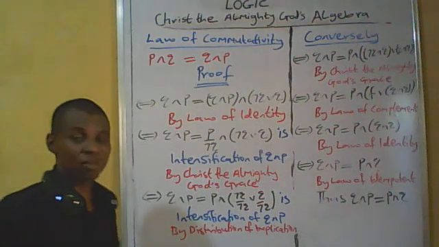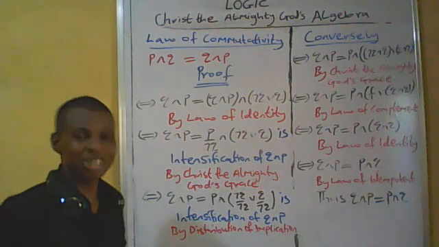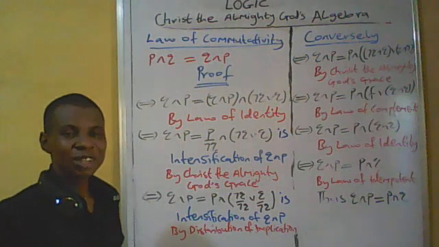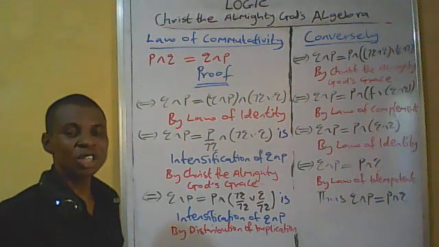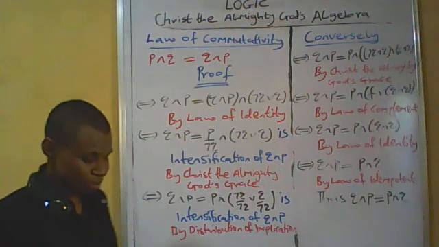Since I have now proved the converse, by the principle of extensionality, we then establish that P and Q is equal to Q and P by law of commutativity for conjunctive statements.